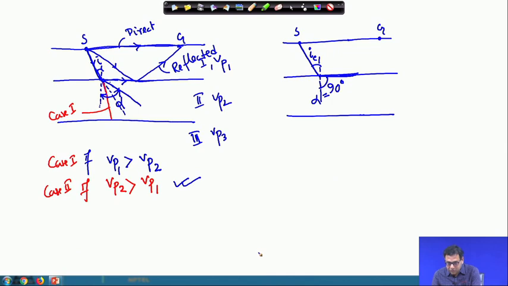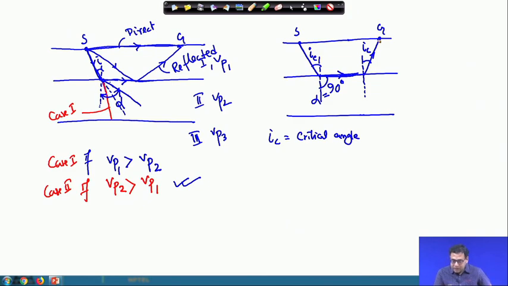So, if it follows this path, then this angle is called the critical angle. IC is the critical angle. So, alpha will be equal to 90 degrees. When it follows this path, again here it will follow the reverse path like this, again at IC. So, this whole thing will be completed and it will reach the ground.